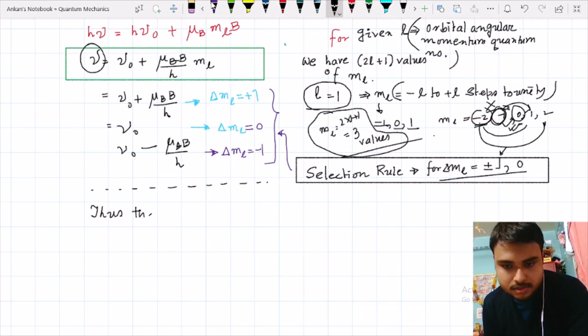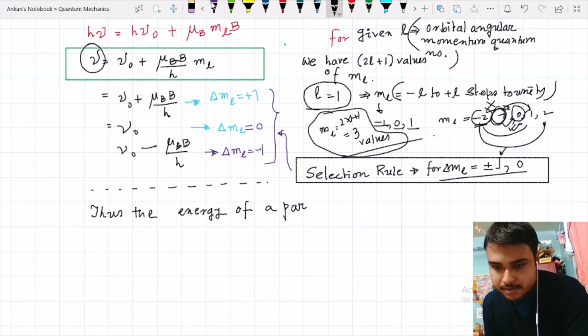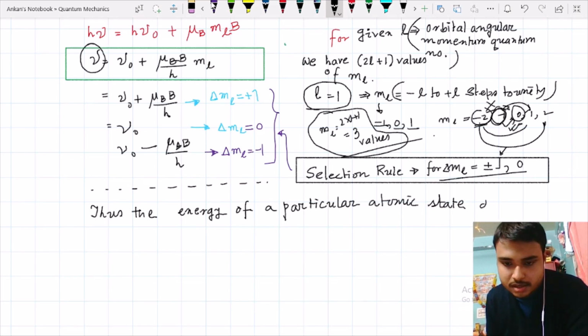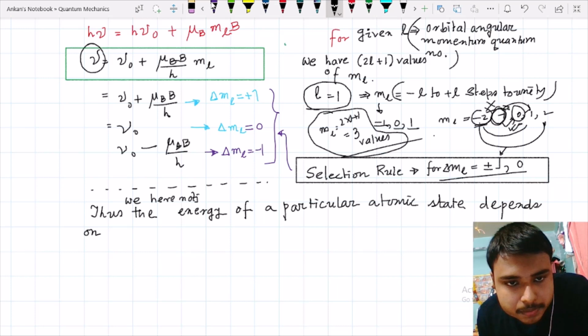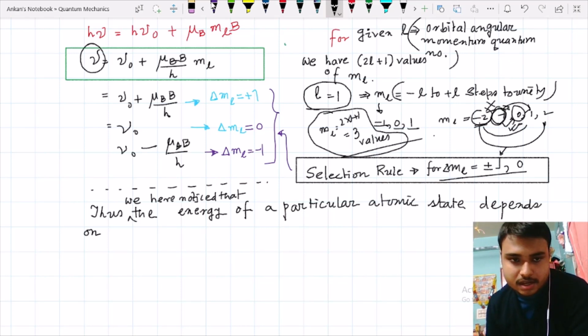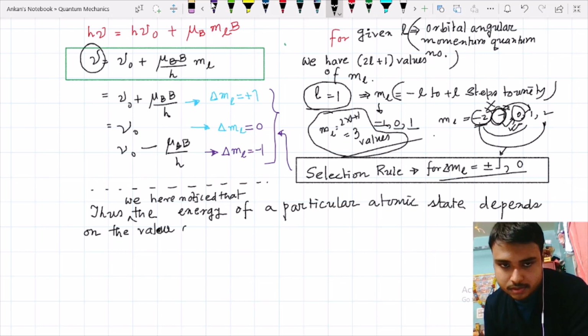Thus, we here noticed that the energy of a particular atomic state depends on the value of ml as well, on the value of initial energy difference.